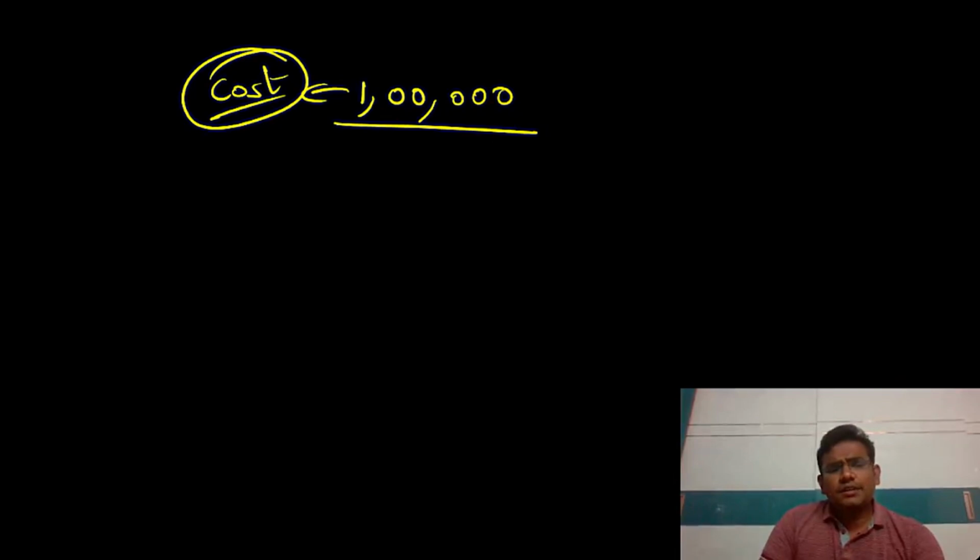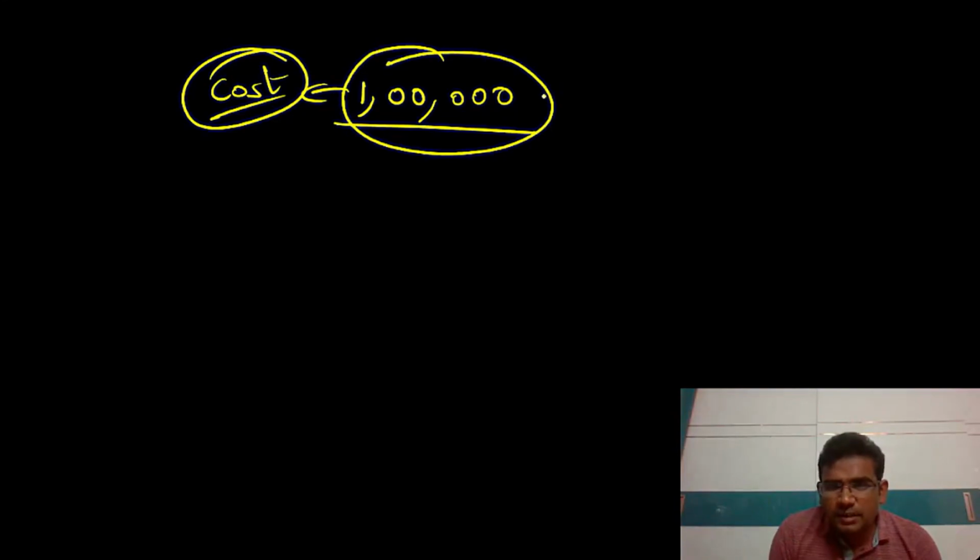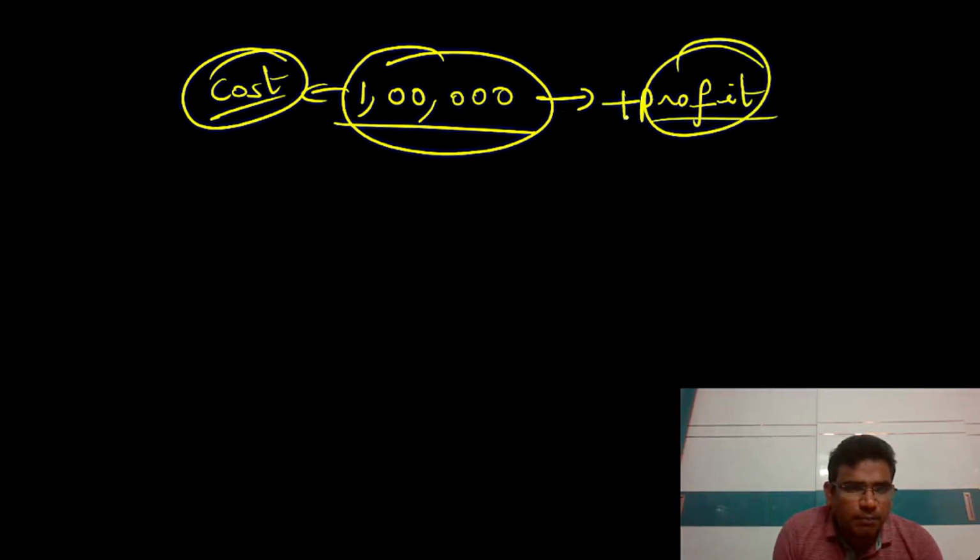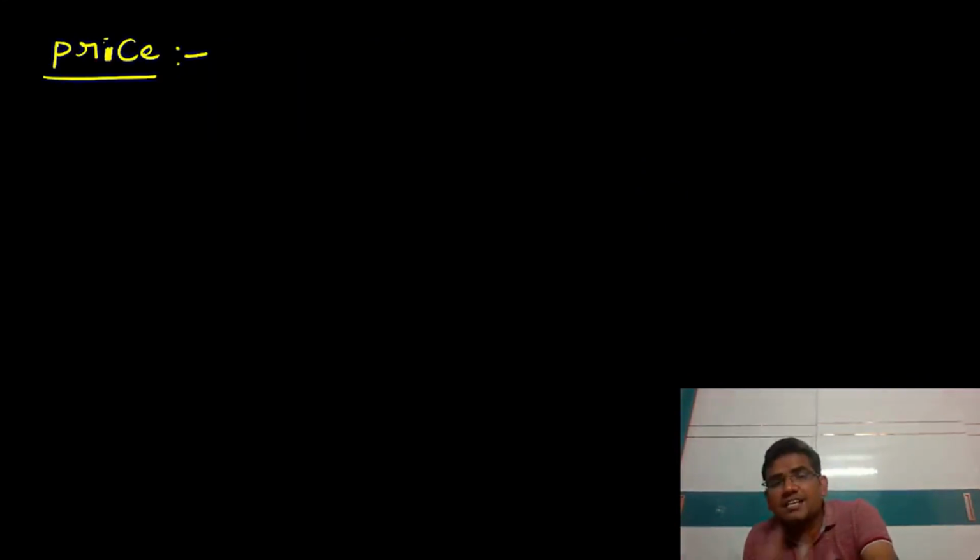That means, when you manufactured something, from that you will expect some profit. So you will sell the product at a higher amount, and that amount is called as price.